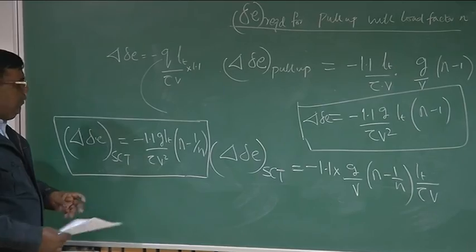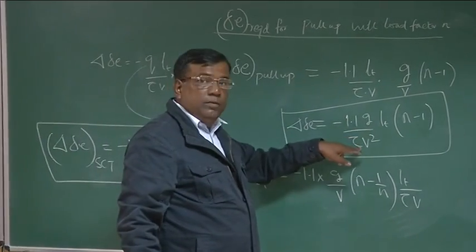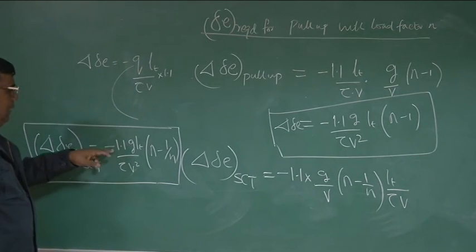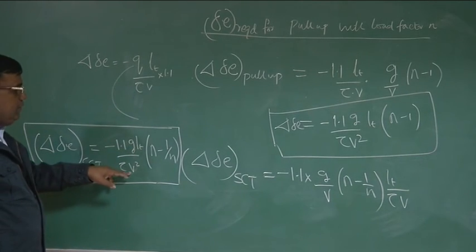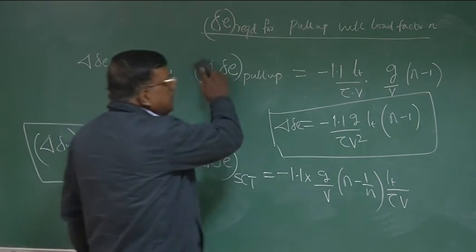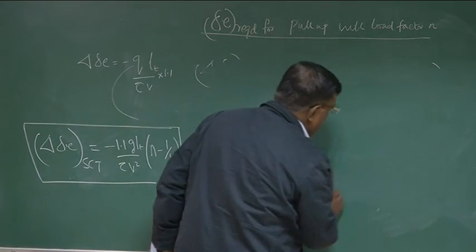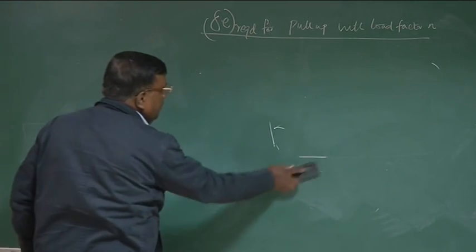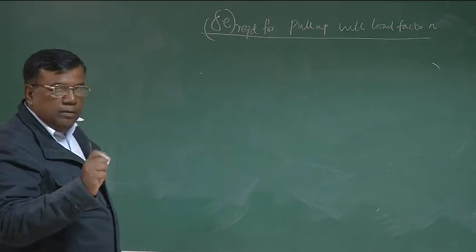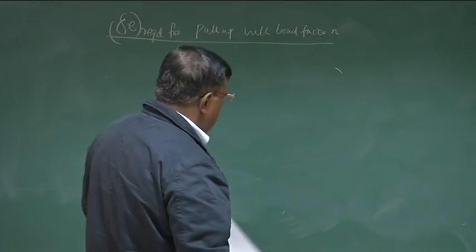What was it for pull-up? It was minus 1.1 g by tau v square Lt into n minus 1. But here it is minus 1.1 g Lt by tau v square into n minus 1 by n. That is the difference. So let me write it neatly as the final result because we'll be using it in our next class. I repeat, all of you please derive this yourself. Unless you derive this yourself, with pen and pencil, it will not go to your mind.